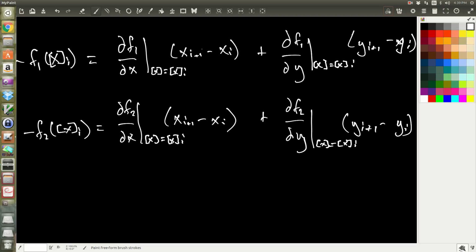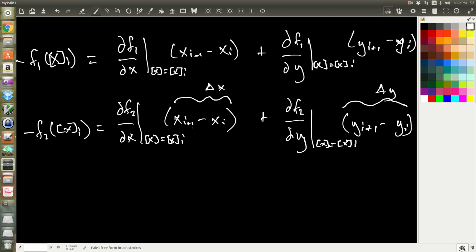Okay, now think of this as just a delta x, and this is just a delta y. Okay, and so those are our unknowns. That's what we're solving for, right?